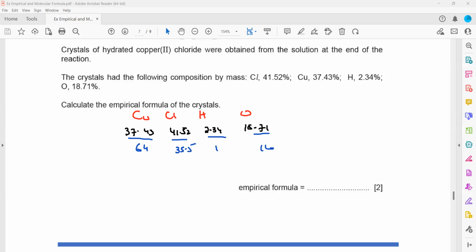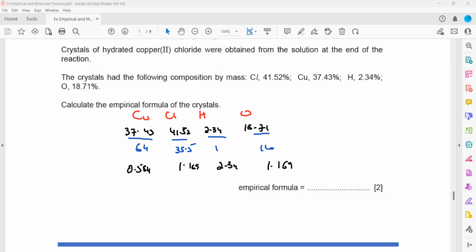So 37 divided by 64 is 0.584. 41.52 divided by 35.5 is 1.169. Hydrogen will remain the same. And 18.71 divided by 16 is about 1.169, I guess.